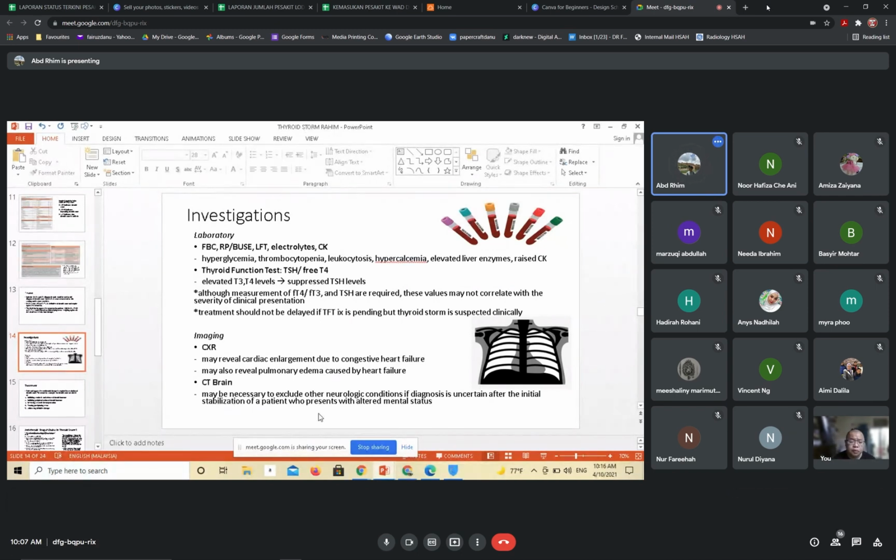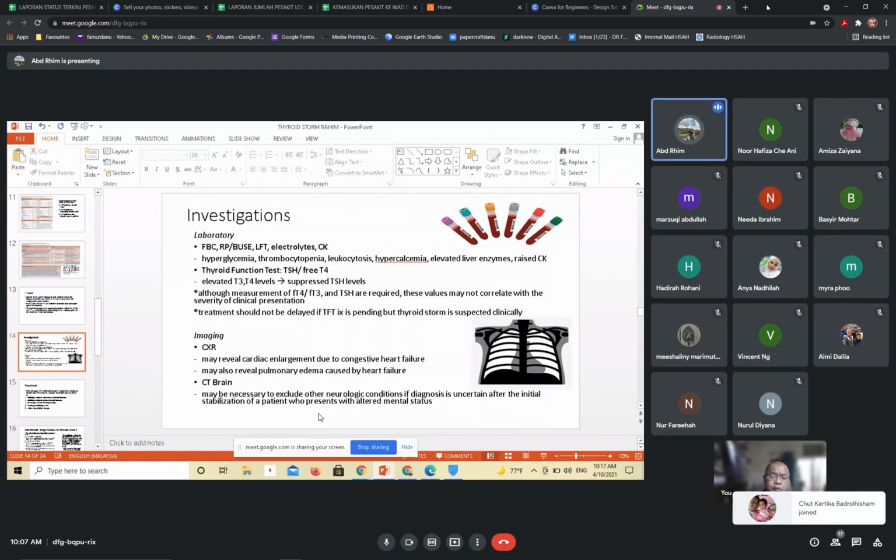In the thyroid function test, T3 and T4 will be elevated. Although the measurement of T3 and T4 is required, this value may not correlate with the severity of the clinical presentation. Treatment should not be delayed even if the TFT result is pending, as long as thyroid storm is suspected clinically.